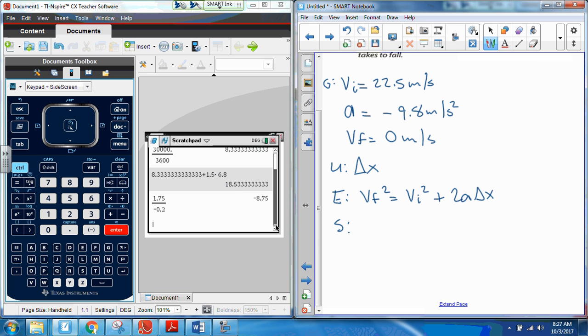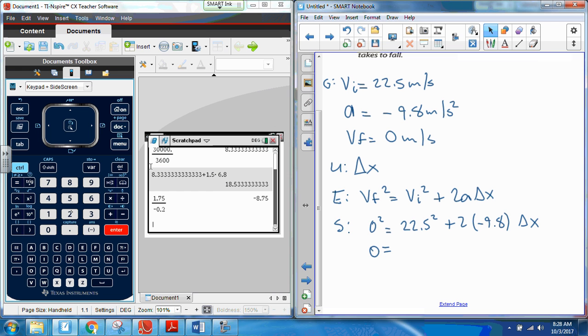So we plug it in. V final was 0. V initial was 22.5 squared plus 2 times negative 9.8 delta x. Okay, let's go and simplify. So we got 0 equals 22.5 squared.